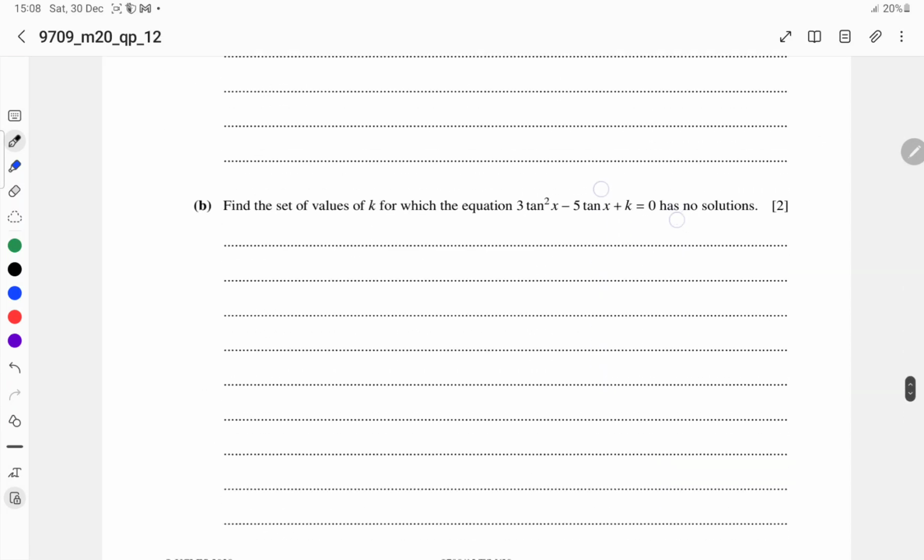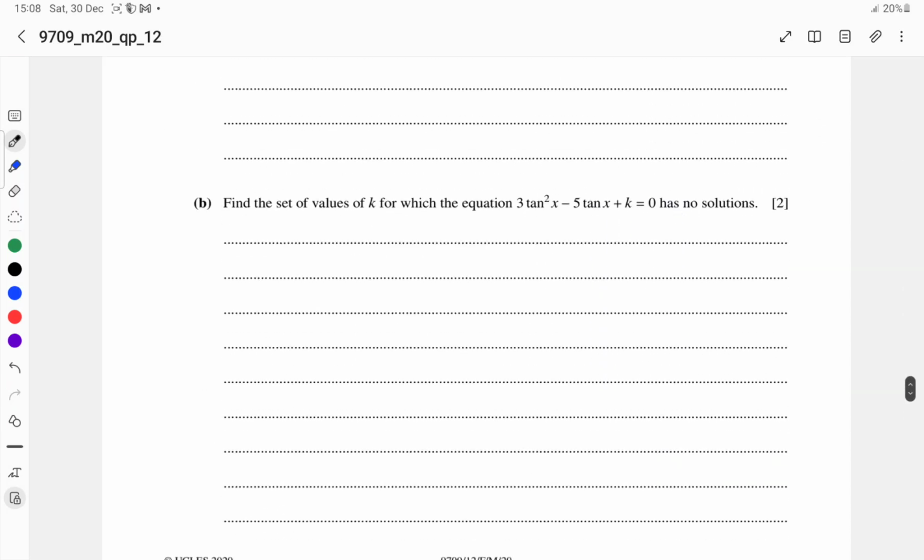These are our answers. And then find the set of values of k for which the equation has no solution. For this equation to have no solution, its discriminant must be less than 0, right? Because this is going to give us imaginary solutions, which basically means no solution. So the discriminant, b squared minus 4ac, must be less than 0.